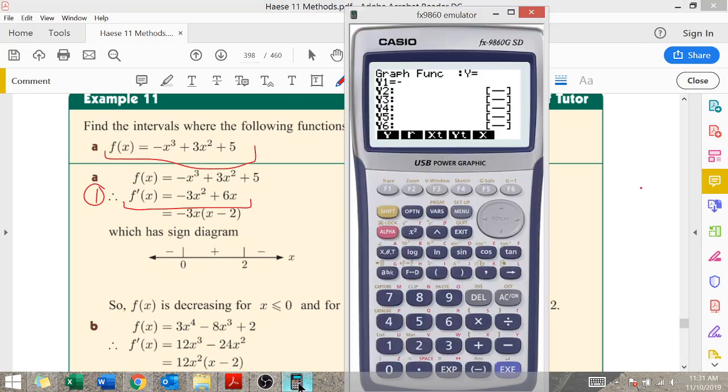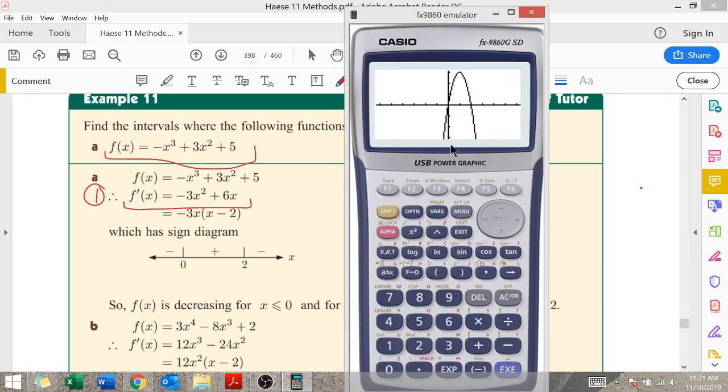That looks a bit like 3x squared plus 6x. Looks a bit like that there.